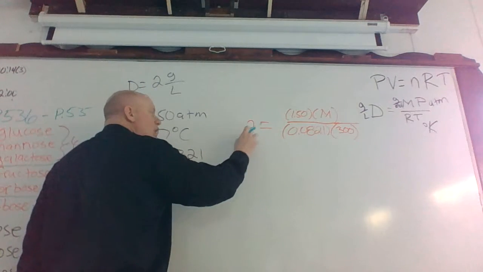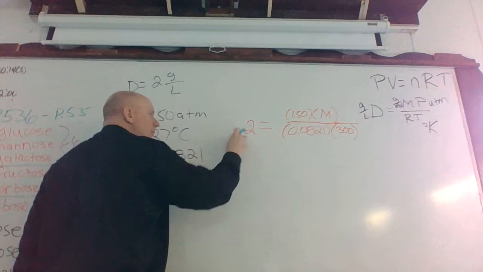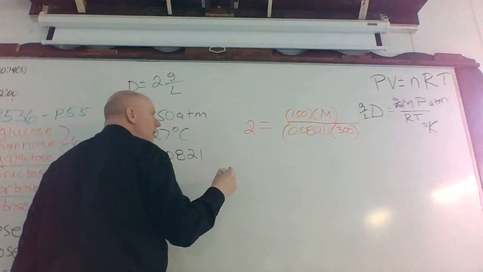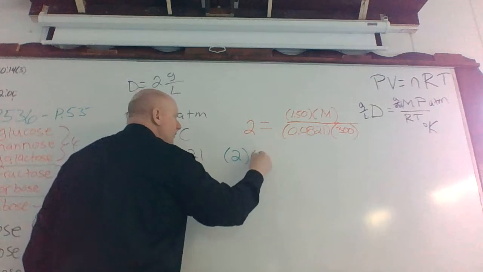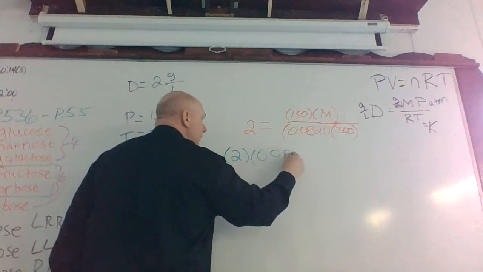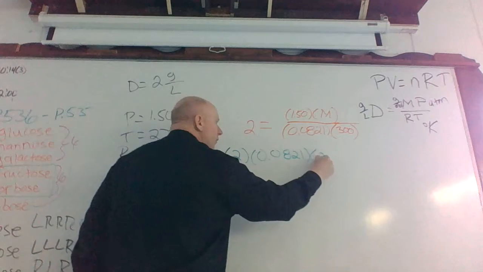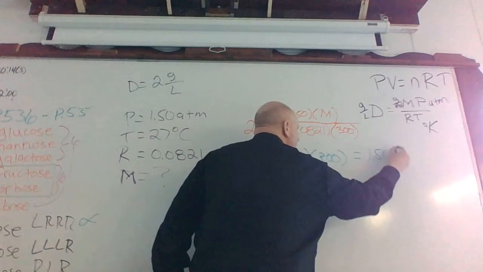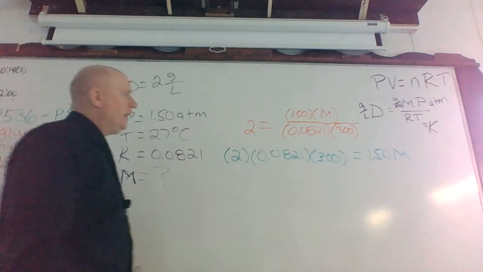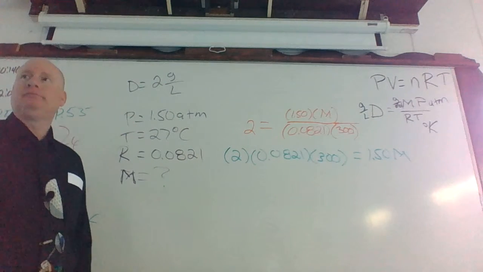So, what are we taking 2 times? Okay, so if we're taking 2 times 0.0821 times 300 equals 1.50 M. Would you agree with that? Okay.